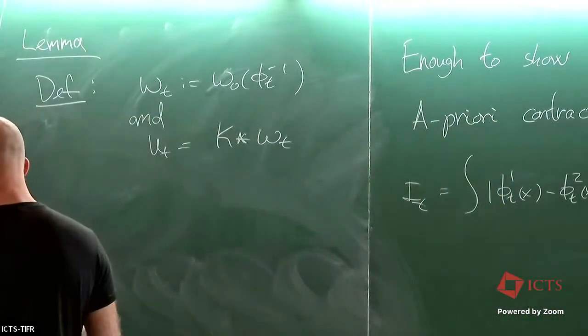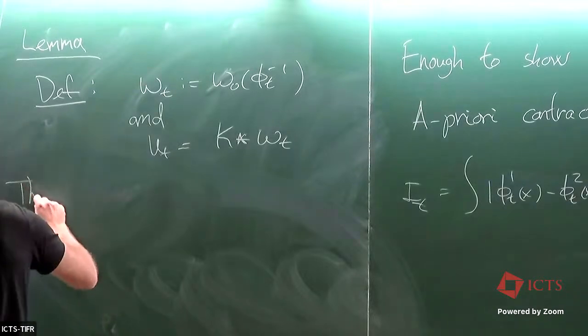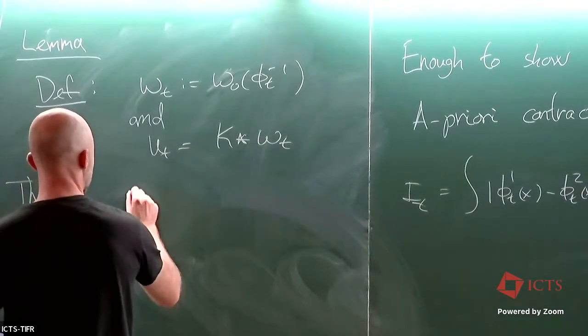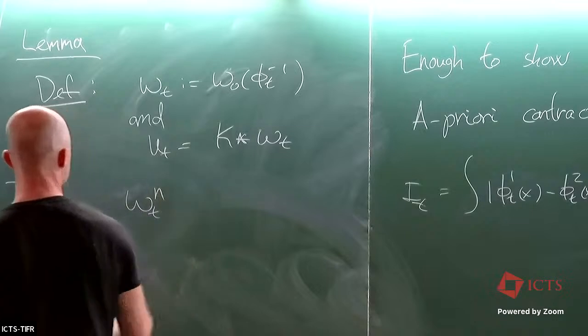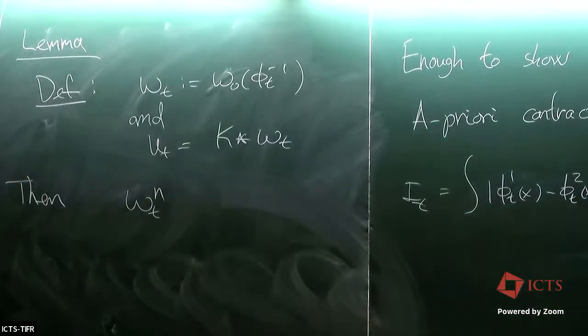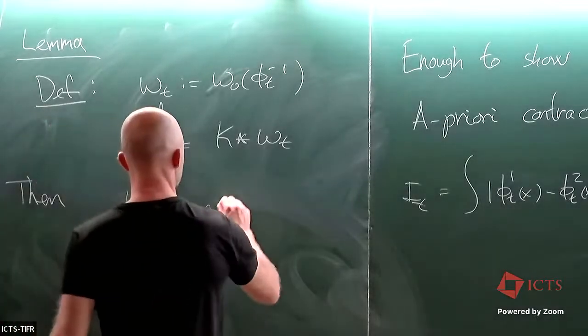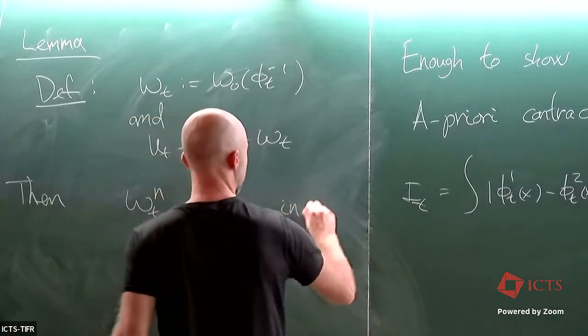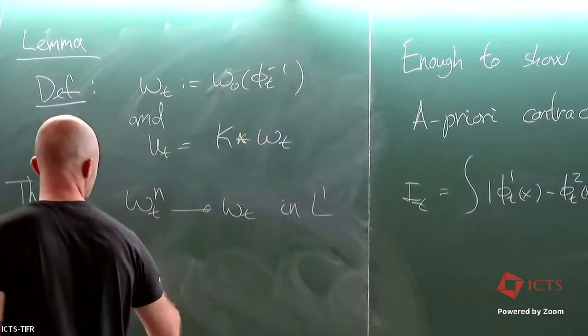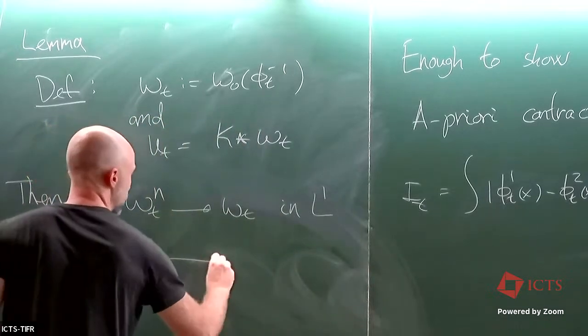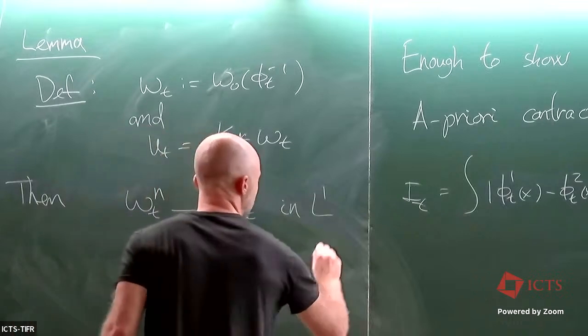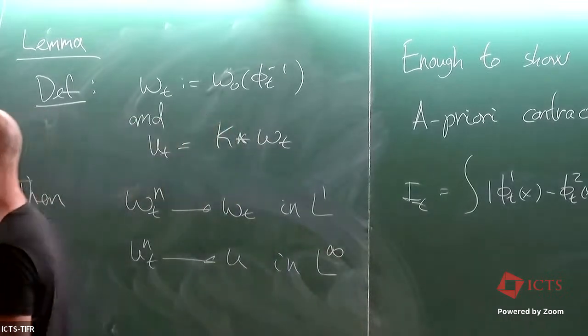Then we get that omega n, which is a vorticity, because it's really the solution of this equation here, will converge to omega in L1, and un will converge to u in L infinity. This is what we'll prove.